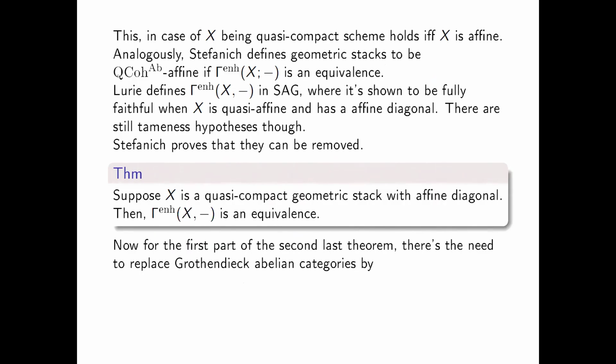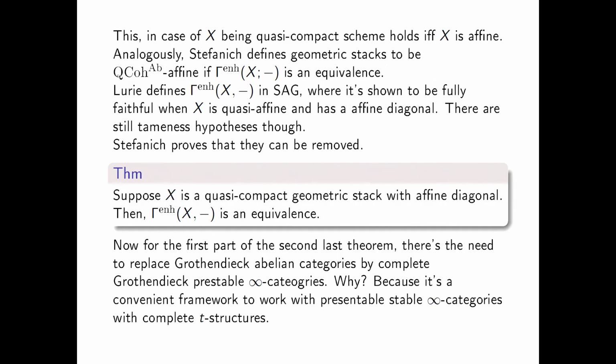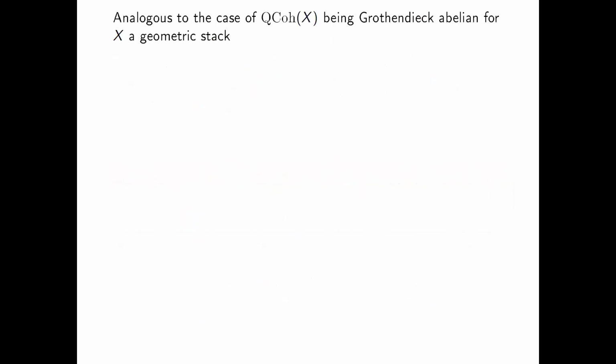Sorry about that. So yeah, there's the need to replace these Grothendieck abelian categories by complete Grothendieck prestable infinity categories. We've seen what Grothendieck prestable infinity categories are. You'll see more in the second and third talk. But why, you might ask? Because it's just a convenient framework, like in general, to work with presentable stable infinity categories, which are like complete t-structures.